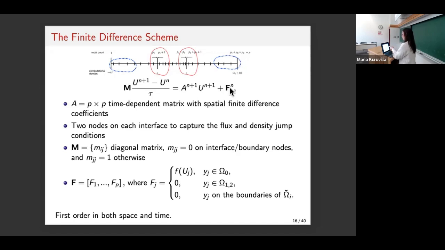And M is just a diagonal matrix, with ones on the diagonal for all of the time-dependent equations, and 0 whenever I'm talking about a boundary condition or an interface condition, because those conditions are independent of time. So in general, it looks like this, and this scheme is first order in both space and time.